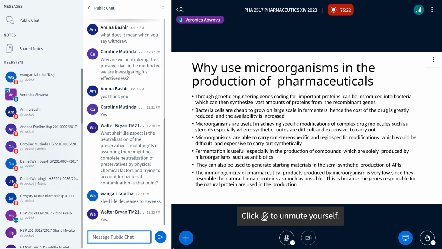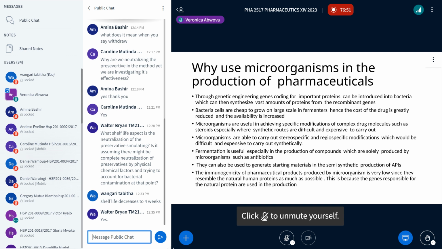If you compare this, for instance, to insulin, initially when insulin used to be produced from animals, the cost of insulin was very high.